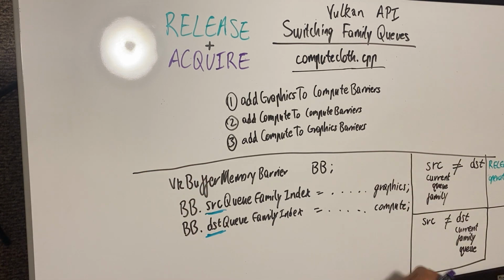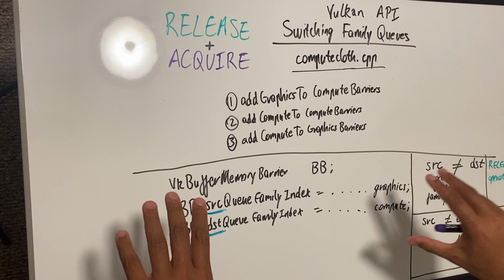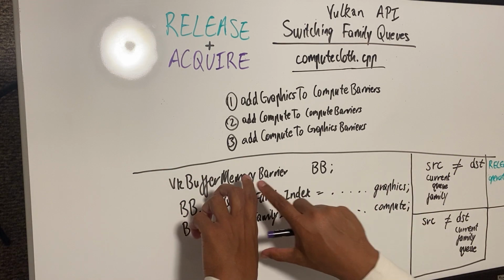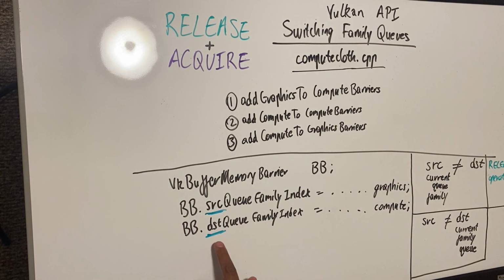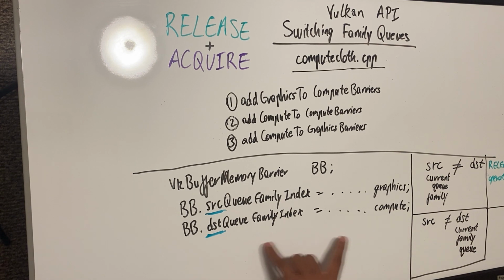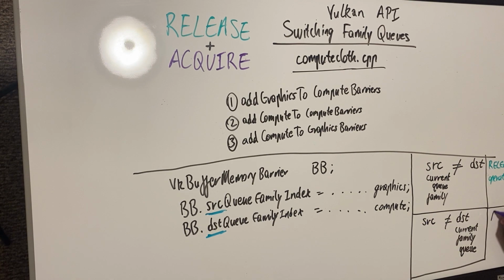So let's say you're running this code and now you are in the compute queue family. Because the destination matches the current queue family that you're in, this will boil down to an acquire operation, okay?